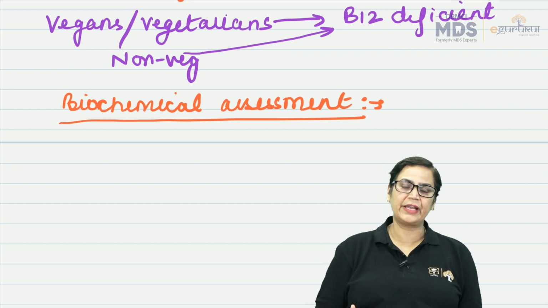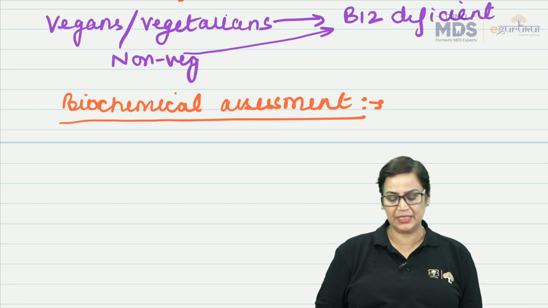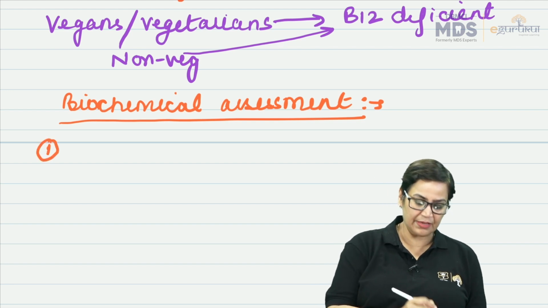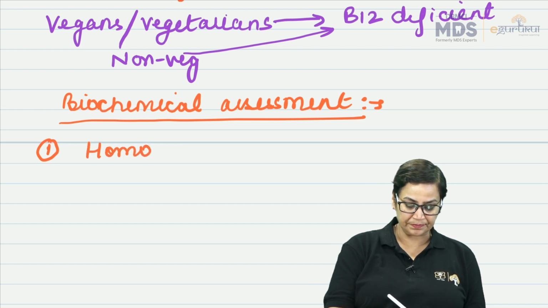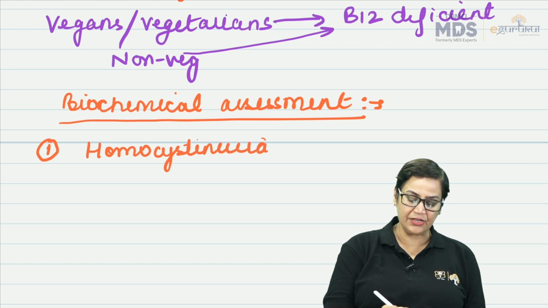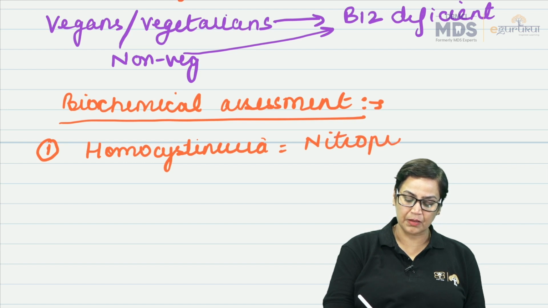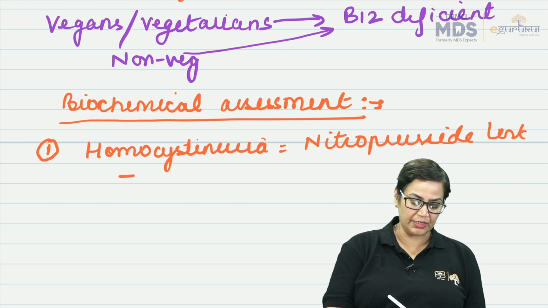So if the subject is having methylmalonic aciduria, we say B12 is absent. Right? Second is homocystinuria. For homocystinuria, the test is nitroprusside test. So it will also be positive.